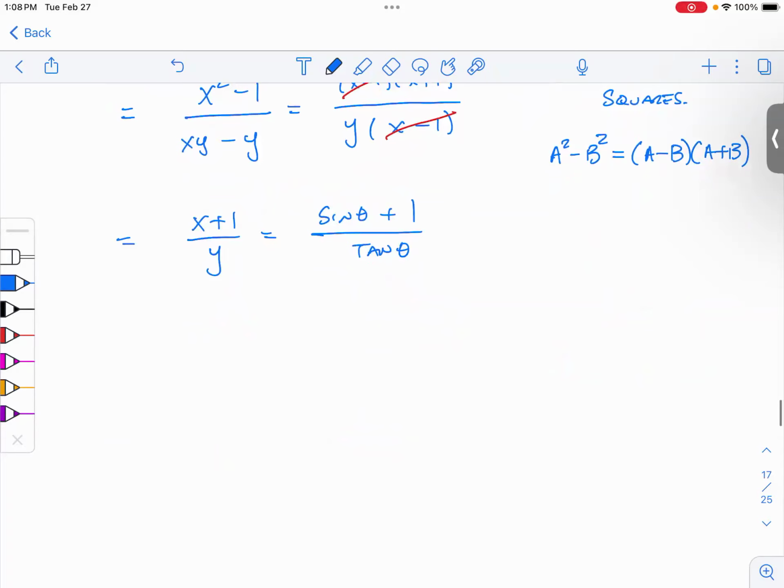Now, once I'm here, anything else I can do? I mean, I could leave it, but I could also see if maybe I could simplify it just a touch. I don't like tangents. If ever possible, what do we always want things in? Sine and cosine. So it might not help.